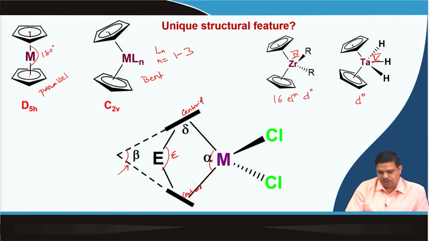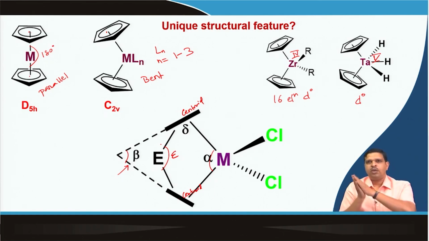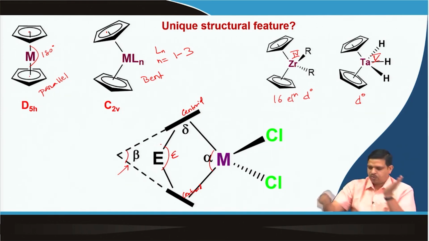Now, from here you will see that it is like a crocodile mouth. If beta is small, it will be like this. If beta is big, it will be like this. So, what is the consequence? If beta is small, then there is less opening.